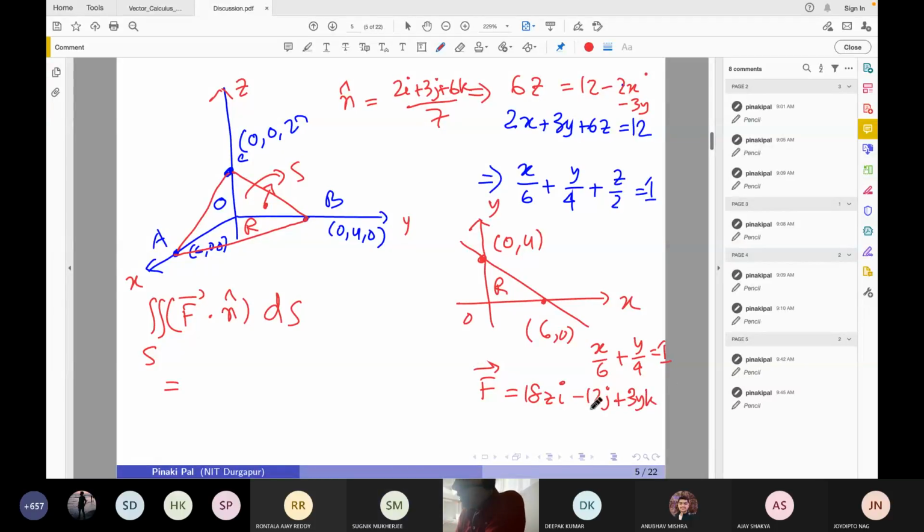So therefore, if you take the dot product of this with the unit vector, first of all, 1 by 7 will come out.